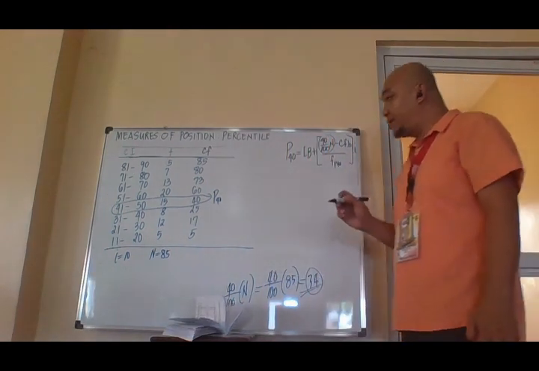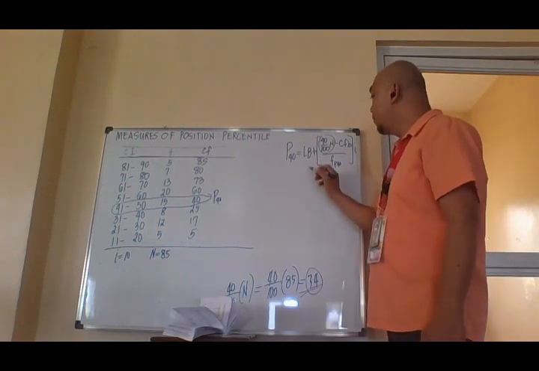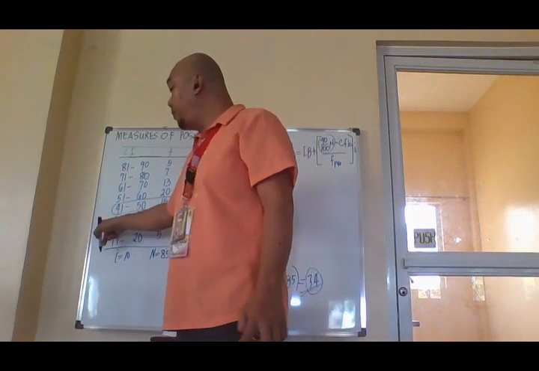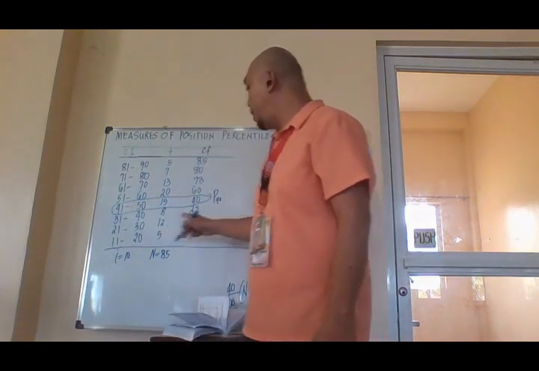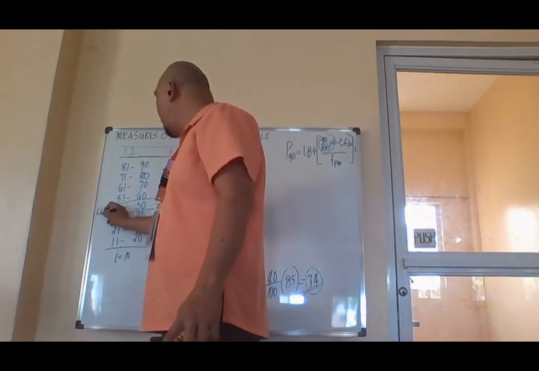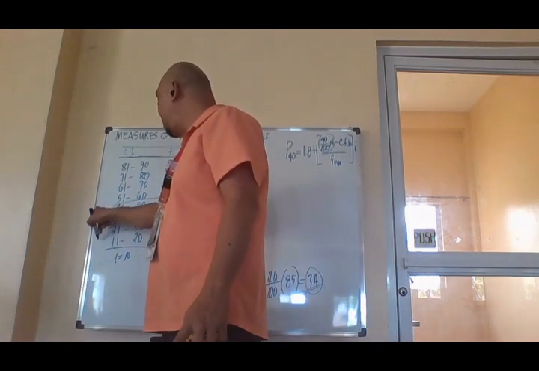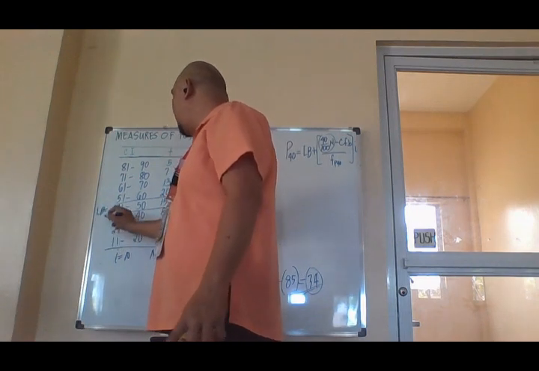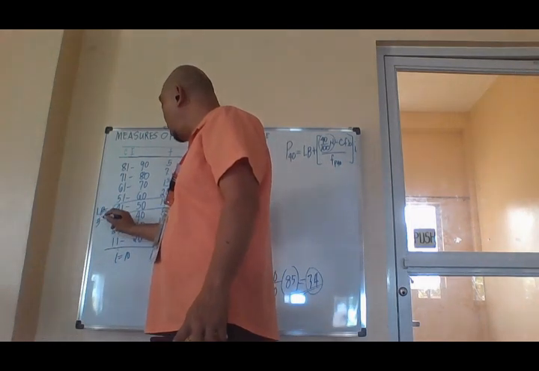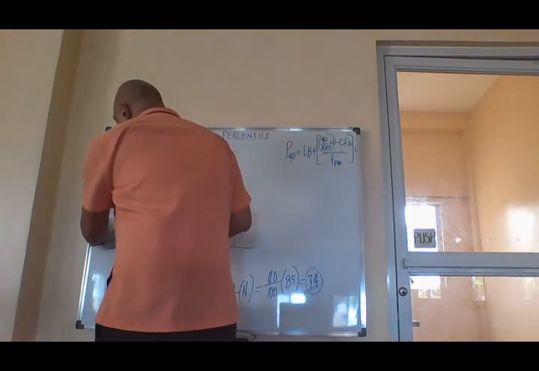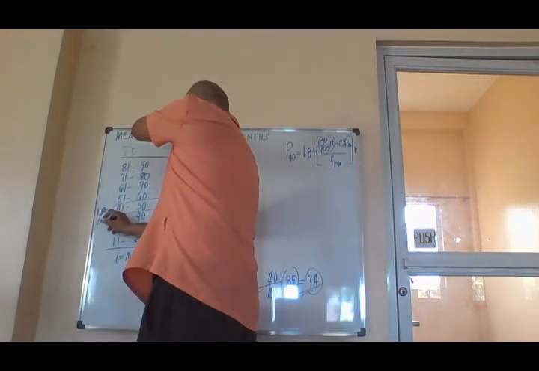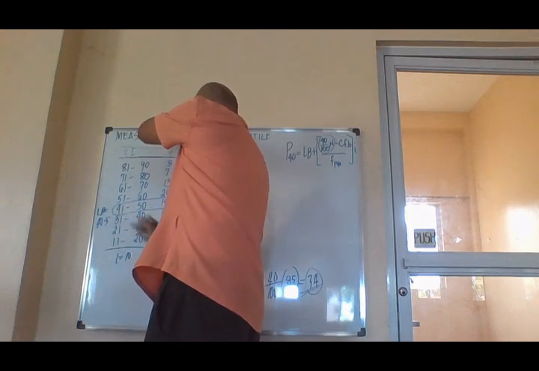So we can now easily identify the other givens. We have here the lower boundary. In this case, the lower boundary of the P40 class is 40.5.